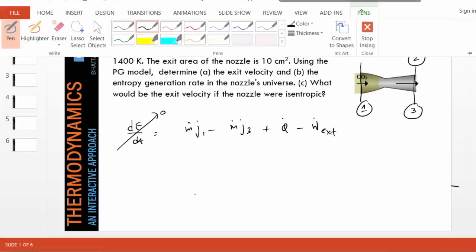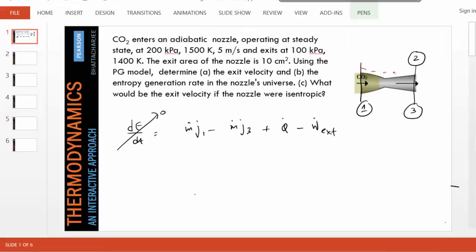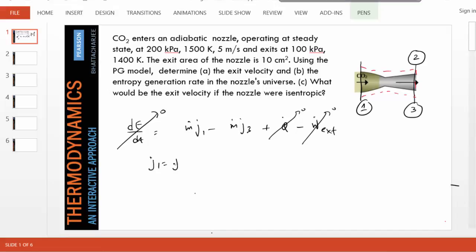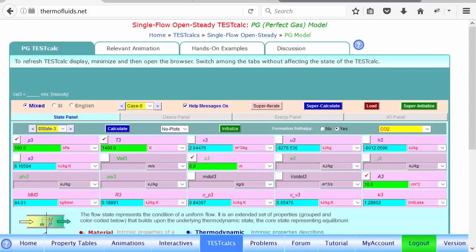And by the way, our boundary here is the system's universe. So therefore, there is no heat transfer, it's an adiabatic nozzle, no external work. So that gives us J1 equals J3 as our energy equation. Coming back here, we put J3 equals J1, and now the exit velocity is calculated for us.